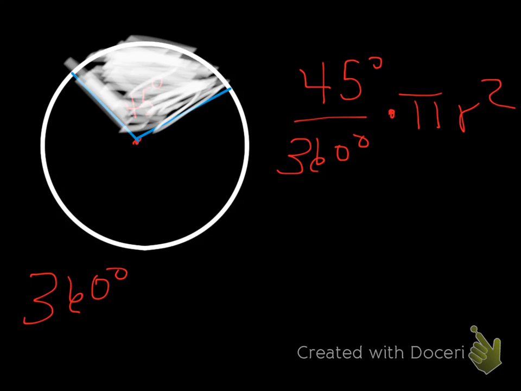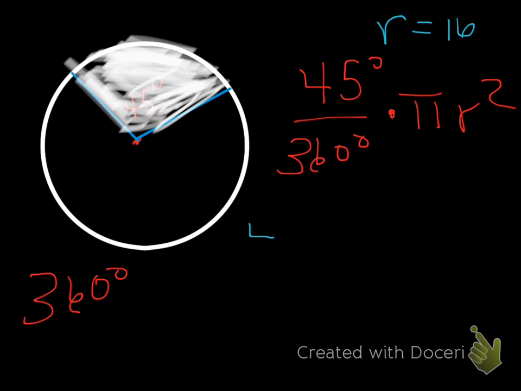So if we want to know what that area is, let's say the radius is equal to 16. It's a big number. It's a pretty big circle.